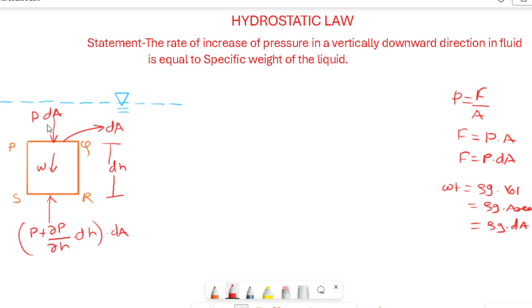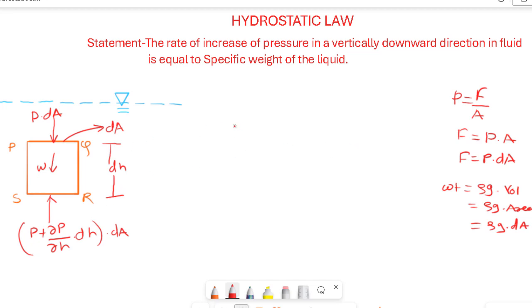Now we can see there are two different pressure forces acting. On PQ it is P dA, and on SR it is P plus dP by dH into dH, because in the statement itself it is mentioned the rate of increase of pressure in vertically downward direction. That means if we go vertically downward, pressure is going to increase.